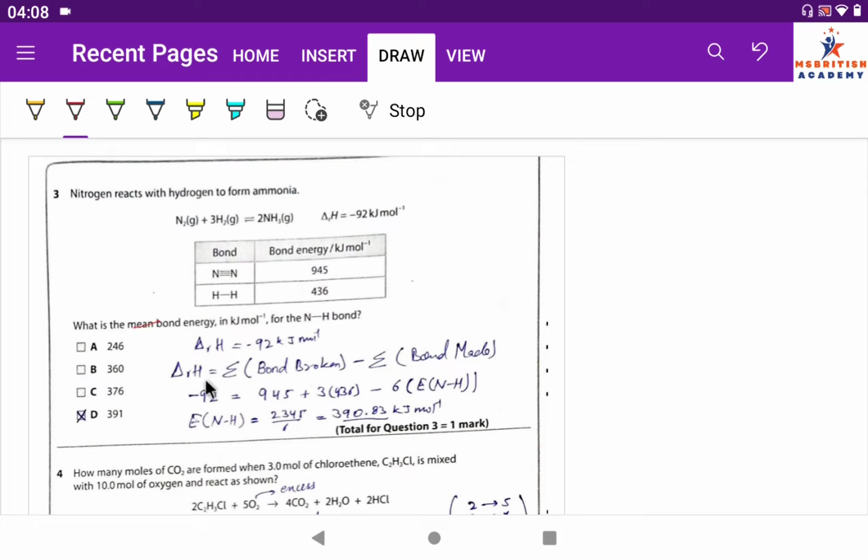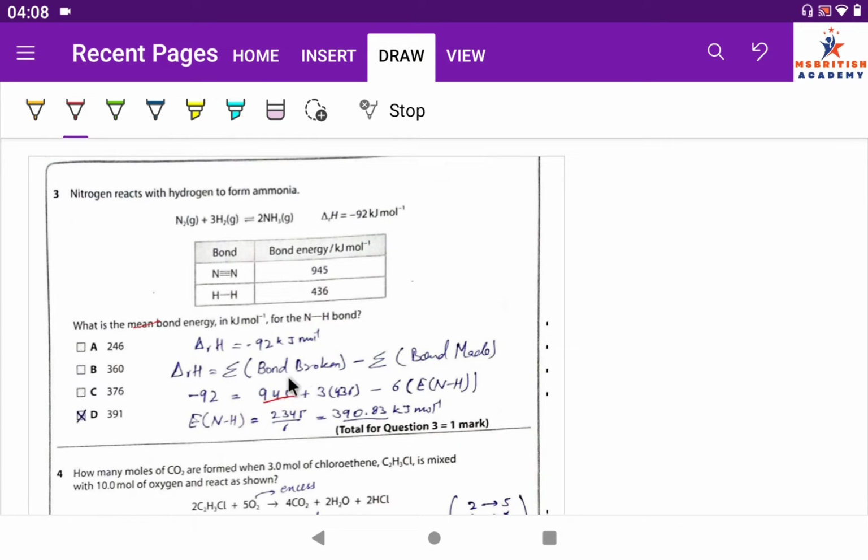So we can use the enthalpy change of reaction, which comes from the summation of bonds broken minus the summation of bonds made. This is the formula you can use, and here this is minus 92. And how can you write this?